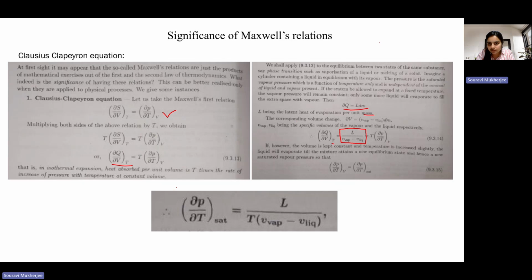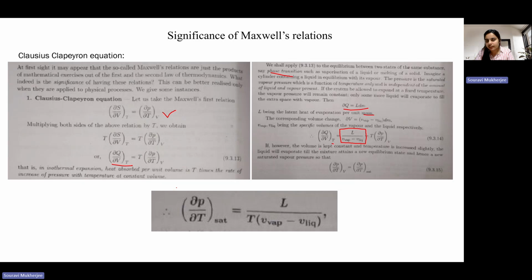So now if we go back to our problem of phase transition, what do we see? The left hand side, dq dv at constant temperature, is given as L by V vap minus V liquid, and the right hand side is T into del P del T at constant volume. So what is this telling you?